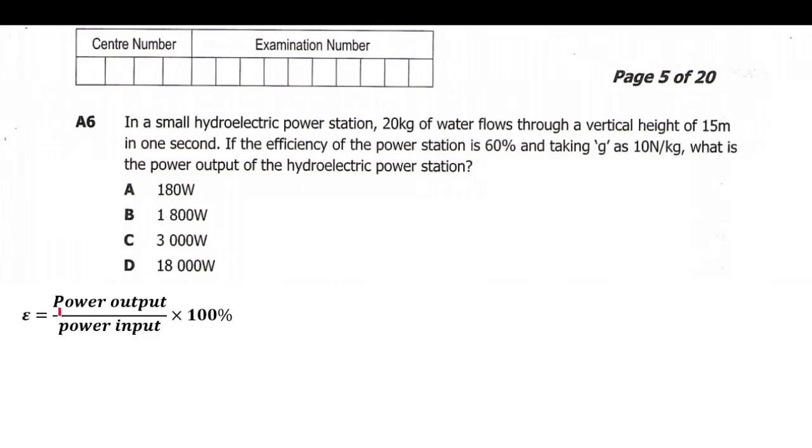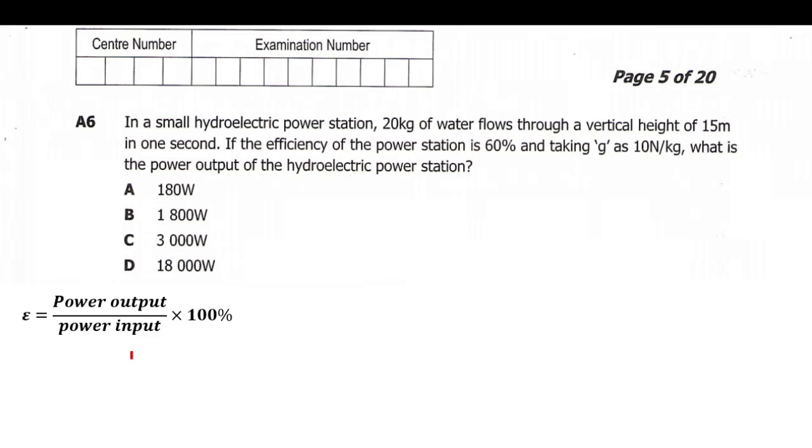Then we are told the efficiency E here is equal to 60%. Then they are asking us to calculate the power output of the hydroelectric power station. So we need to know first of all what the power input is, because we cannot solve this without knowing at least 2 of the physical quantities.